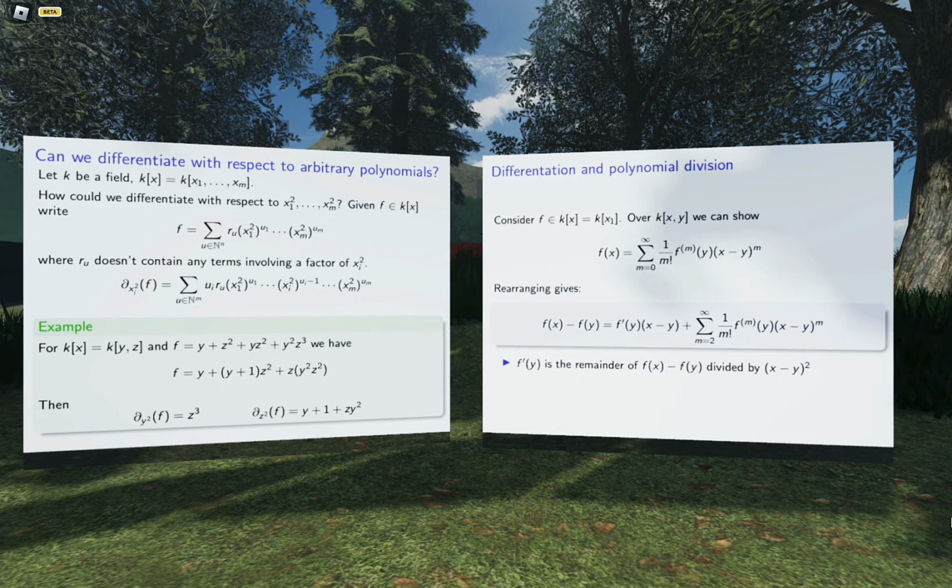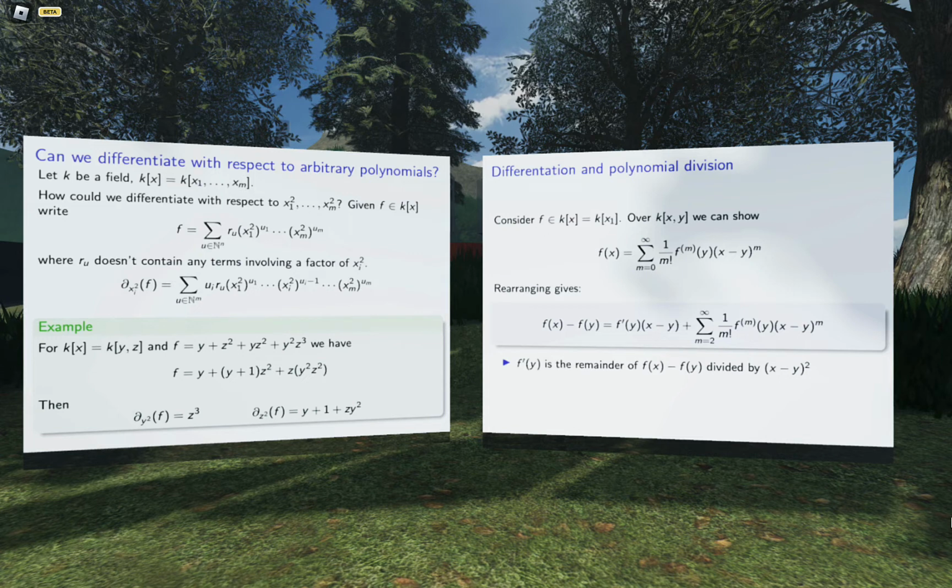For that, we're going to exploit a link between differentiation and polynomial division. For the purpose of this example, let's just consider a one-variable polynomial ring. And what we can do is pass to the polynomial ring in two variables. In this polynomial ring, we have the following identity. On the right-hand side, although there's the infinity at the top of the sum, this is a finite sum, because eventually the nth differential of f will be 0.